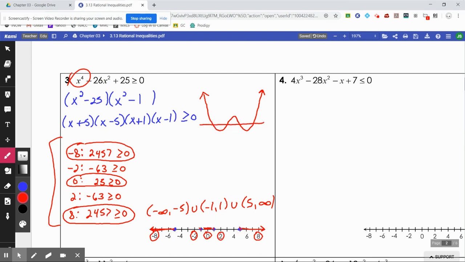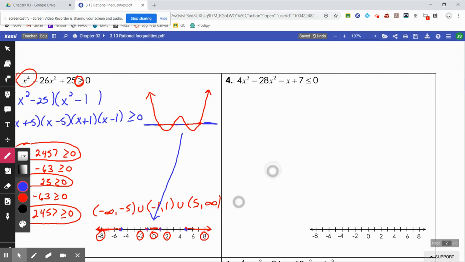So we know that our graph is going to look kind of like this and it's going to cross here, here, here, and here. We're simply asked, where's your graph above the x-axis? And we already know. It's above it over here, it's above it right here, and it's above it right here, which actually corresponds with the regions without us even testing anything out. Okay, number 4.